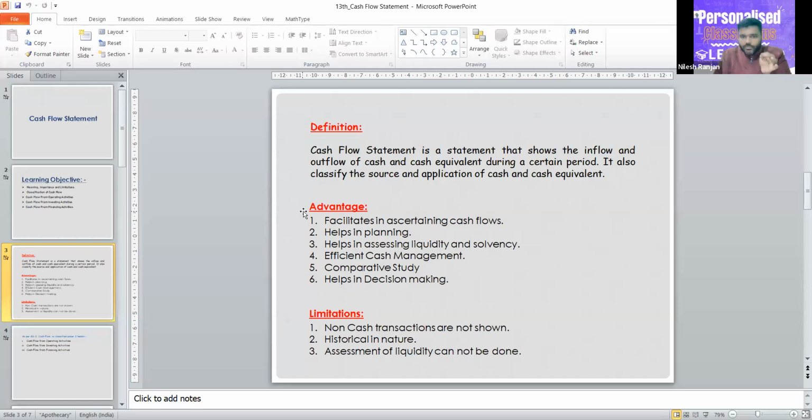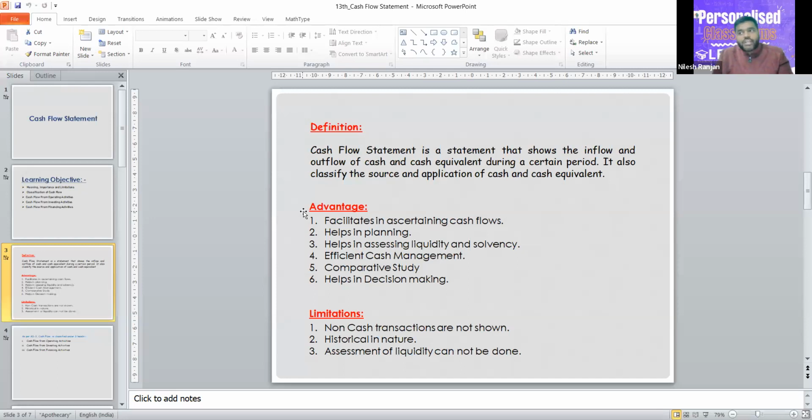So for short term it is liquidity, and for solvency, it is long term liability. So are we able to pay our long term liability or not. So this helps us in assessing the liquidity and solvency, meaning we will be able to pay our short term liability and long term liability both or not. Okay.